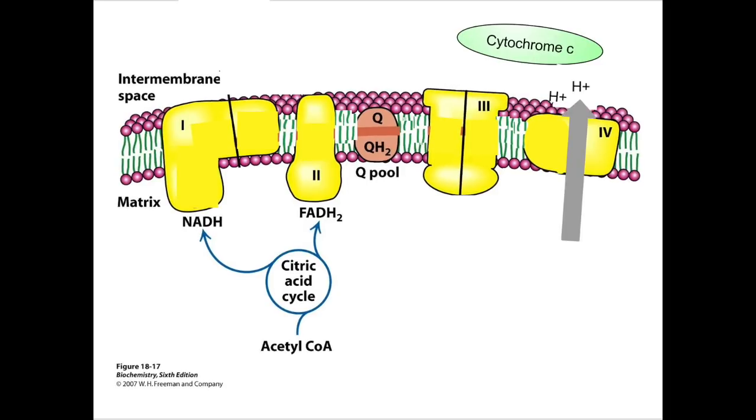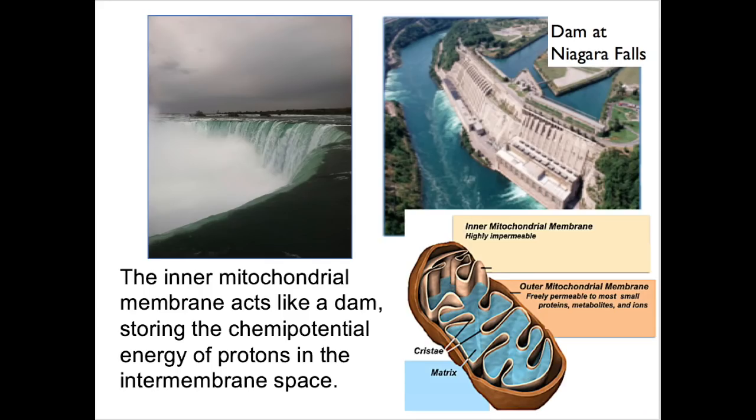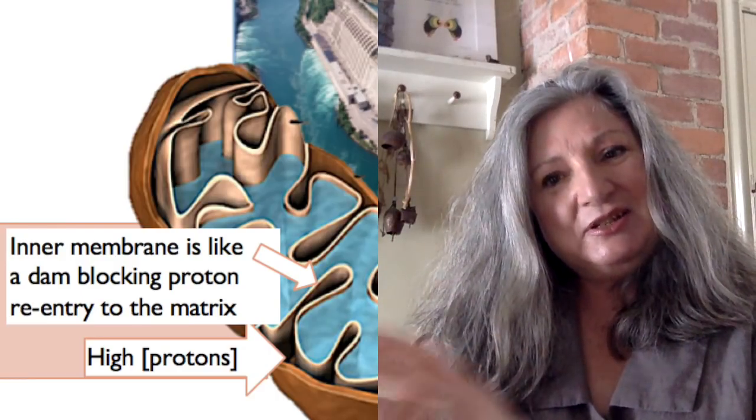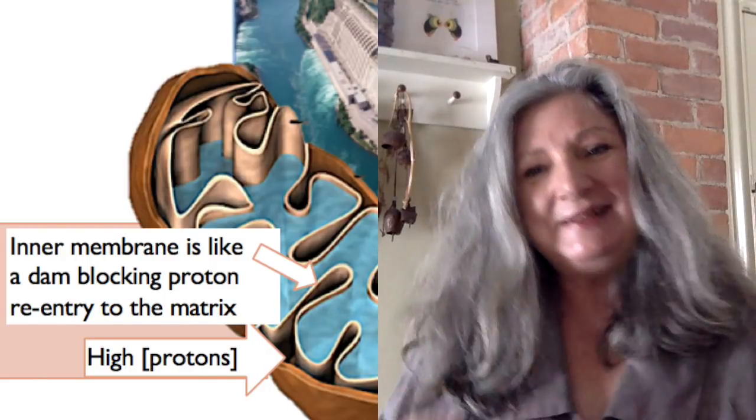What this does is it sets up a potential that's similar to water behind the hydroelectric dam. We have a lot of potential energy stored in the intramembrane space as these protons are at high concentration in this region, this small space.